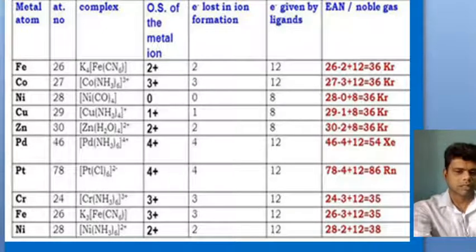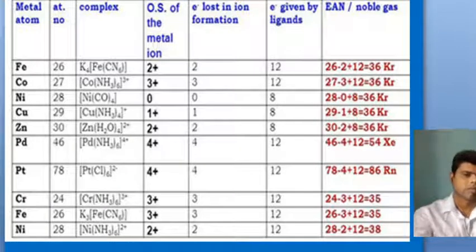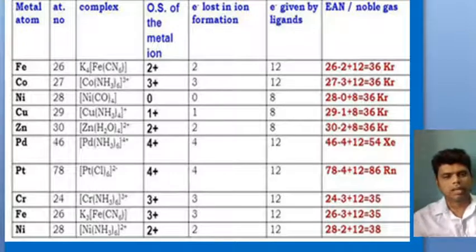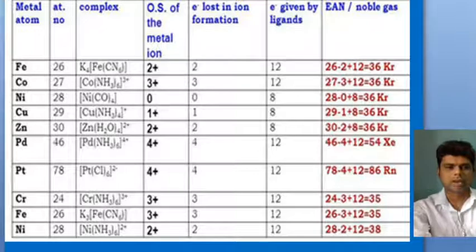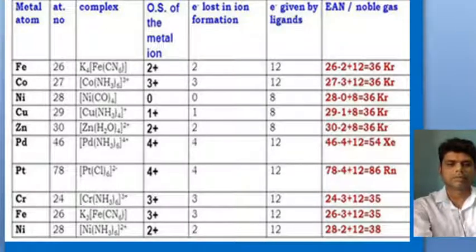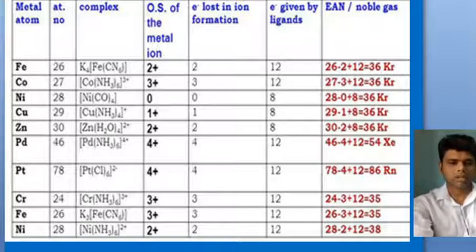The sum of these will become equal to what? 38, which is beyond 36. Then you can say this is also not attaining the next nearest noble gas configuration. If it is not attaining it, the complex is not stable, or EAN is not followed.